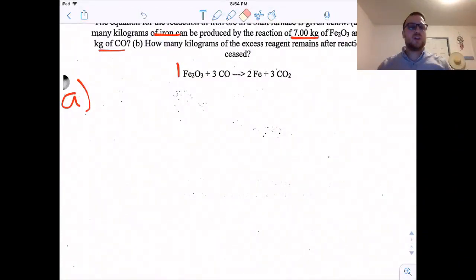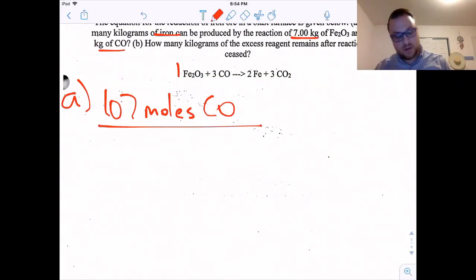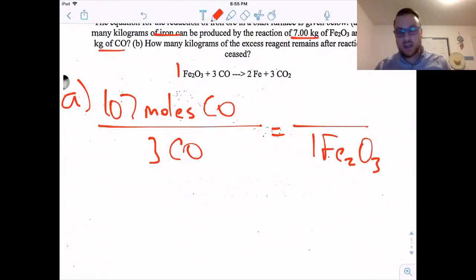So it's basically what we just did, but we just have to do one little extra step at the end. So we said 3,000 kilograms was 107 moles of carbon monoxide. The reaction has 3 moles of carbon monoxide, and for every 3 moles, there's 1 iron 3 oxide reacting. So how much iron 3 oxide is going to react if we have 107 moles of carbon monoxide instead?